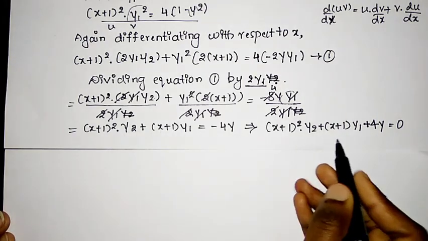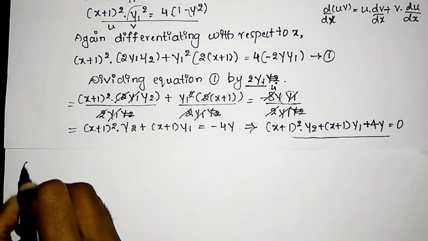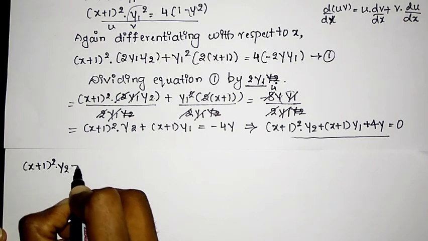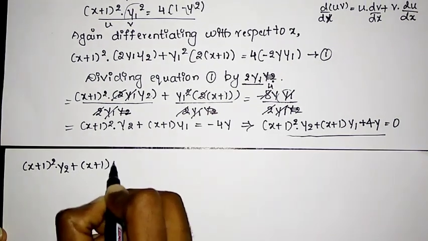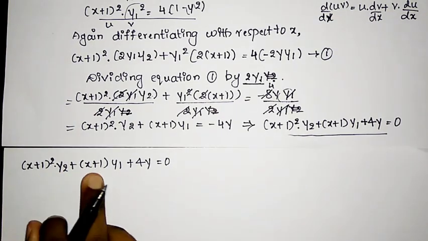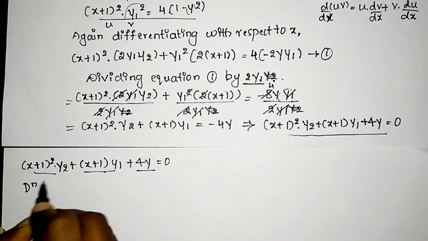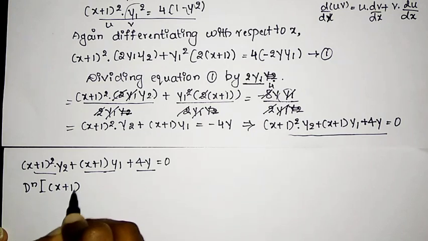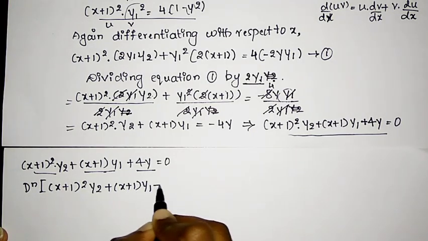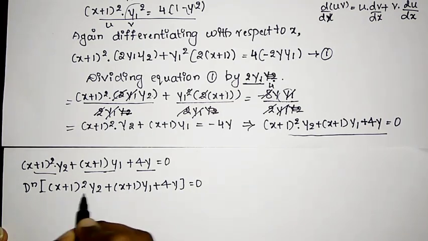Now what we need to do is apply the Leibnitz theorem separately for this equation. We have obtained x plus 1 whole square into y2 plus x plus 1 into y1 plus 4 into y is equal to 0. So now just apply the Leibnitz theorem separately for these three terms.